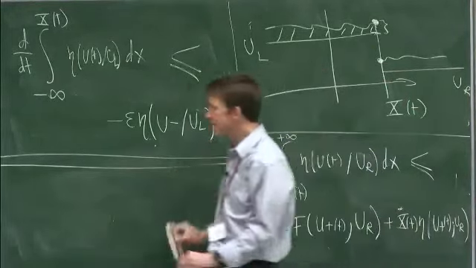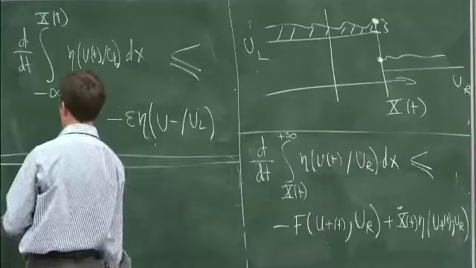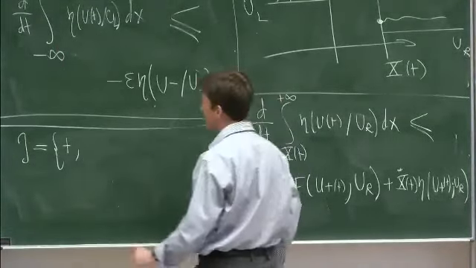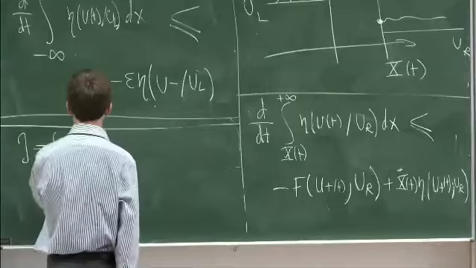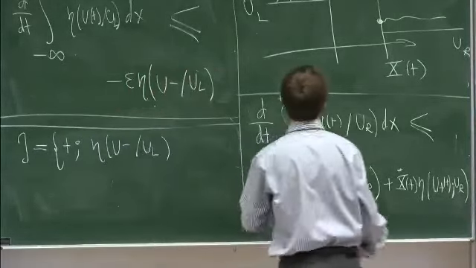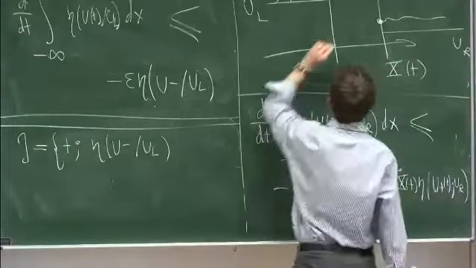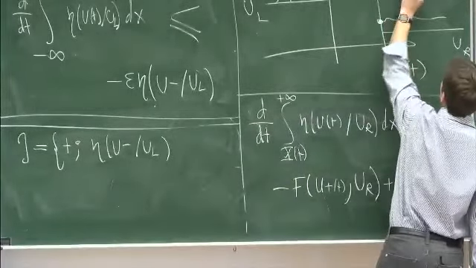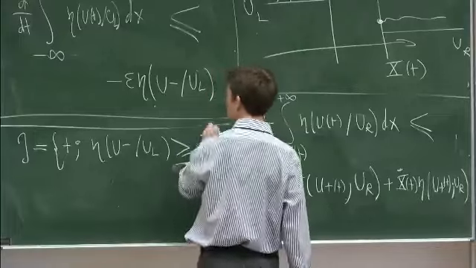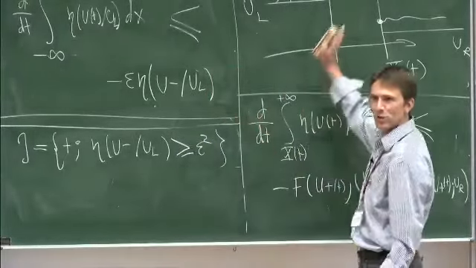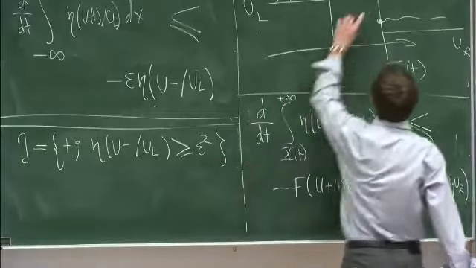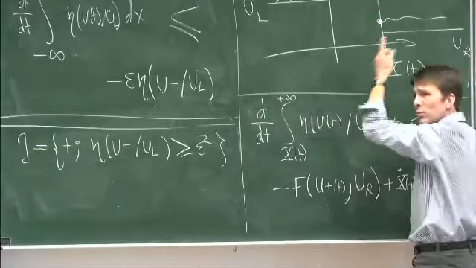So let's take a time t such that u minus ul, pointwise, the distance here is, let's say, bigger than epsilon squared. This means the distance over the epsilon. And you will see this is where the epsilon 4 comes into play. Because here there is not much that we can say, because if you are far, then you really don't know what happens on the right.